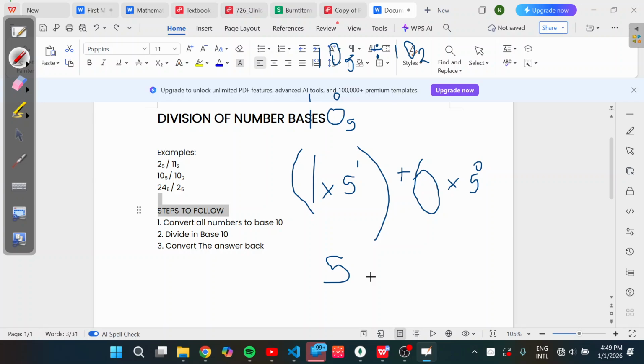So 5 plus 0. So that means 1 0 base 5, or 10 base 5, is the same thing as 5 base 10.